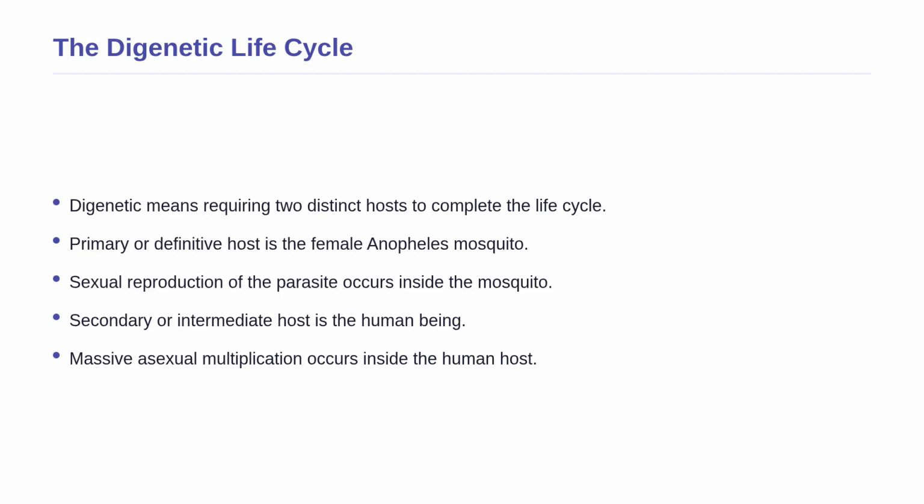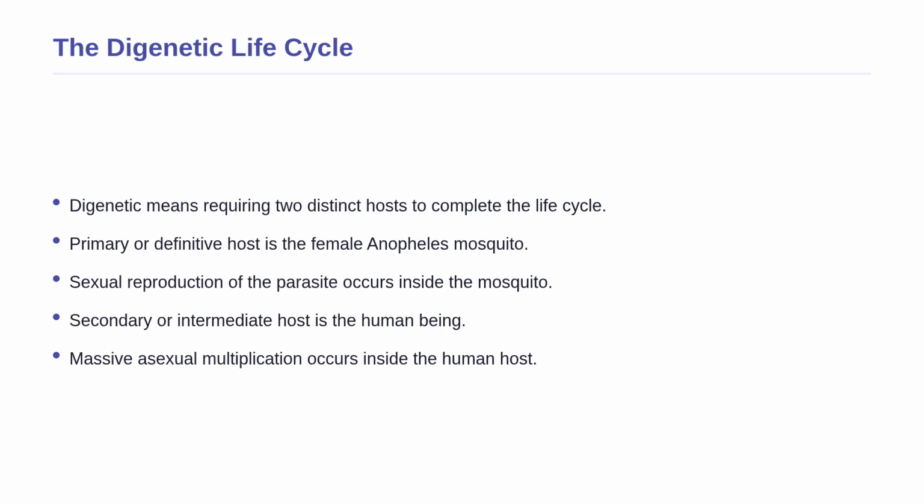Now that we understand its double life intuitively, let us look at the formal biological definition. Plasmodium vivax has what we call a digenetic life cycle. The scientific term digenetic simply means that the organism requires two distinct hosts to complete its full life cycle.